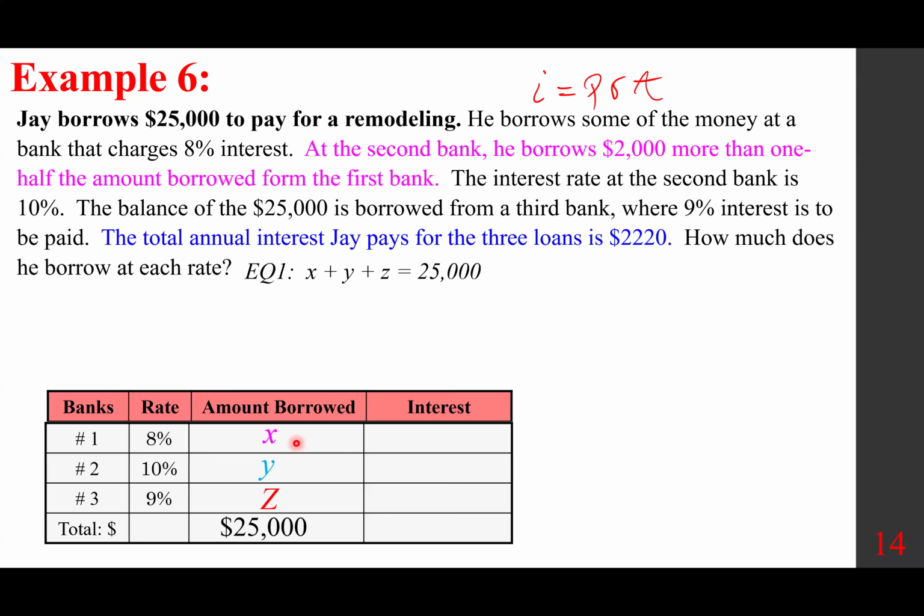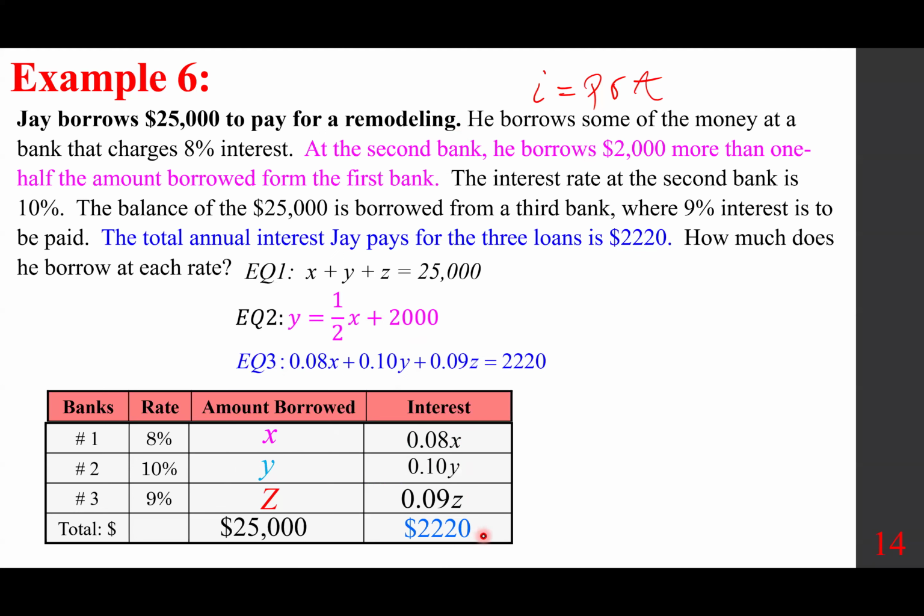So this is 1/2 x plus 2,000. That's this equation. And this gives us the third equation, 0.08x plus 0.10y plus 0.09z is 2,220. So these are the three equations.